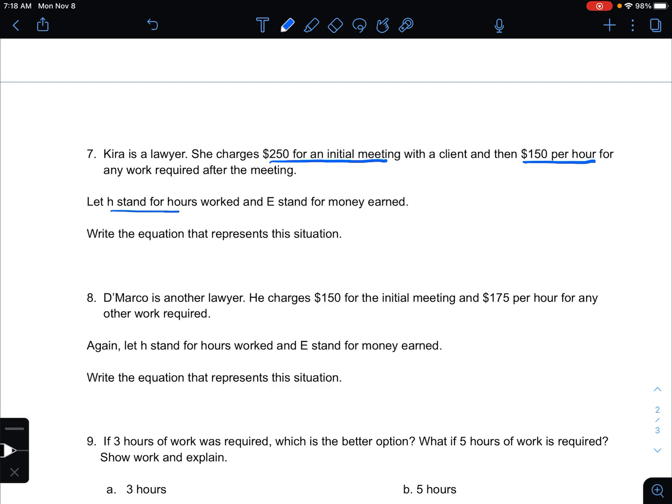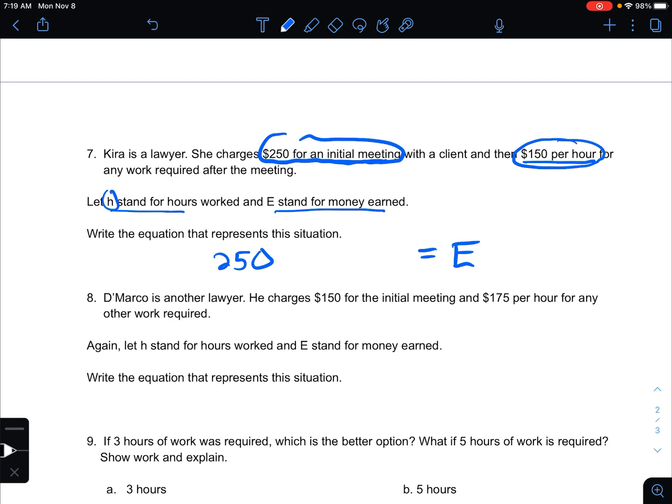So let H stand for hours and E stand for money earned. Write an equation that represents this situation. In other words, represent the amount of money earned. So we're trying to figure out, okay, how much does Kira earn? We know that she earns $250 for an initial meeting, and then an additional amount per hour.